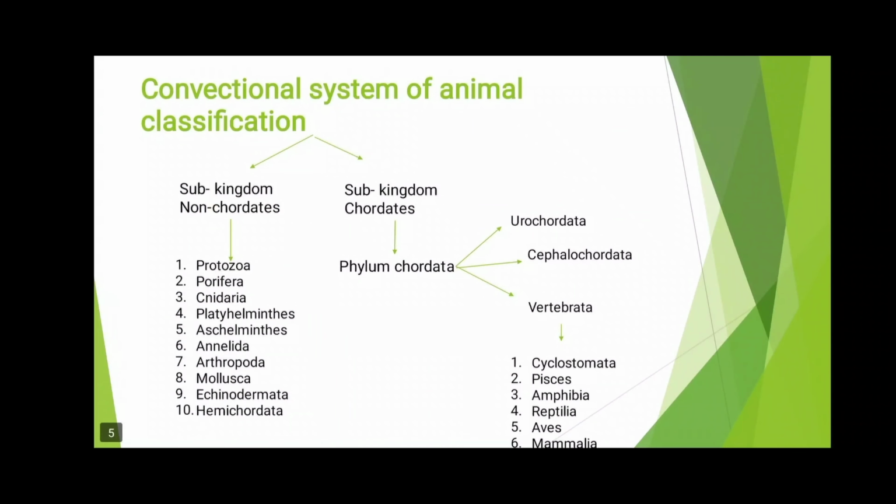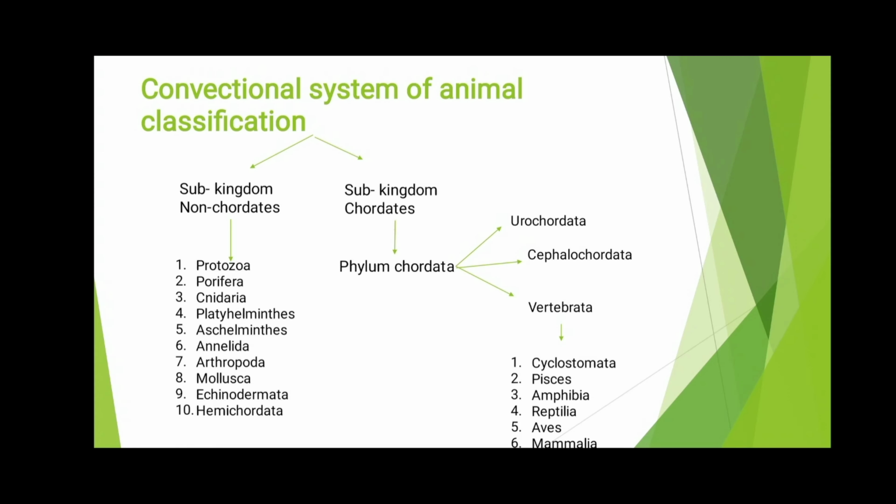First we are going to study Porifera. Remember everyone, these animals have the simplest body plan and are called sponges.